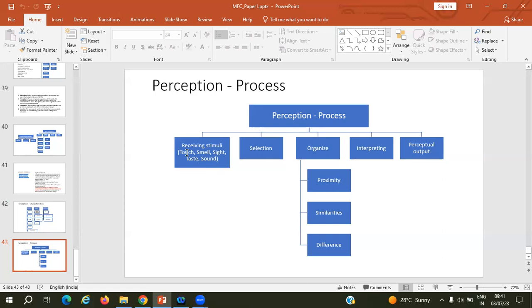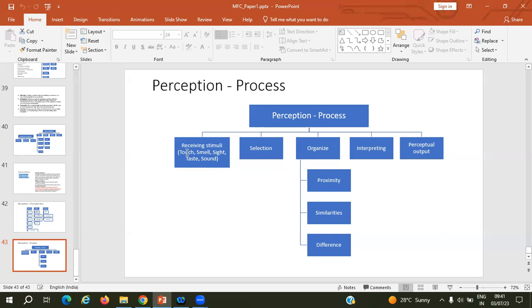Then you are organizing. Organizing what? Whatever you are selecting, you are giving a meaning to that. There are three things written on that head: proximity, similarities, differences. Proximity means how closely, how neatly you have seen.